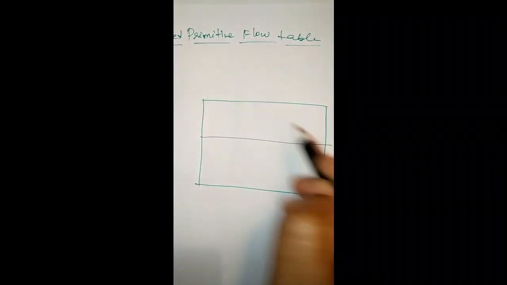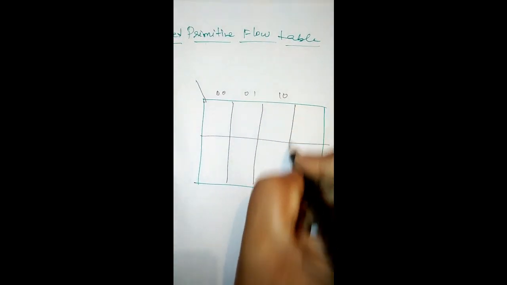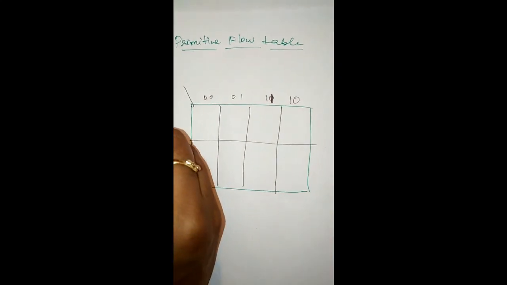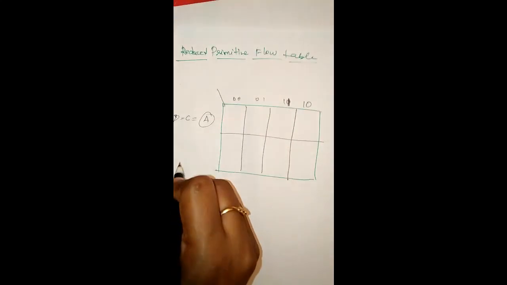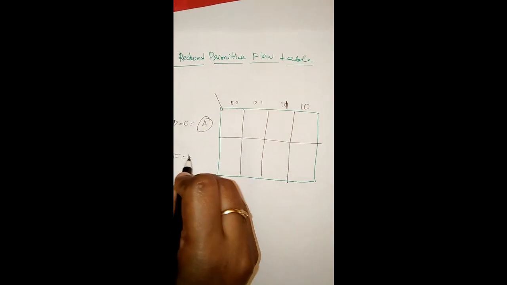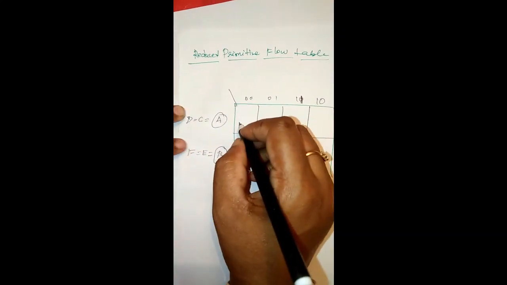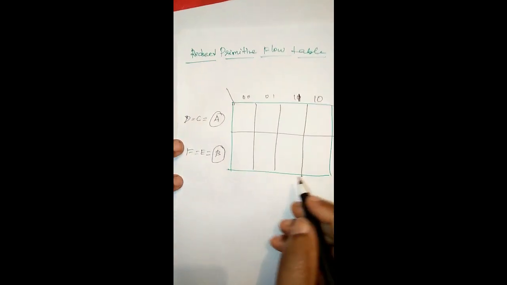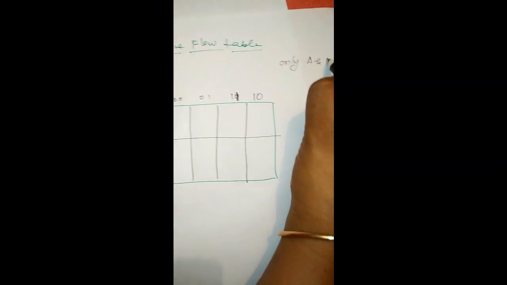Here we have the inputs 0 0, 0 1, 1 1, and 1 0. From the merger graph, I'll write DC is equal to A, and EF is equal to B. We got this from the 2 triangles. Here only A and B should be used.